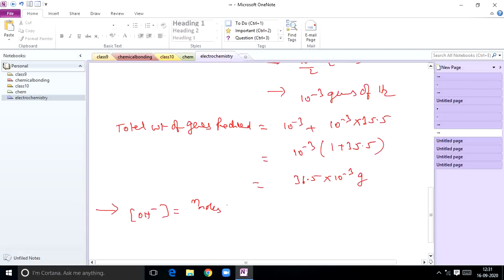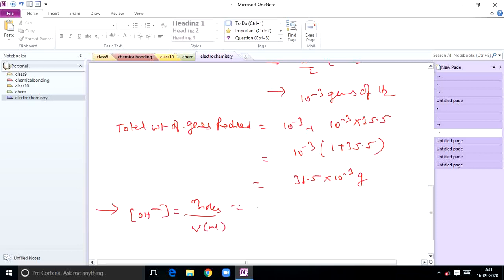Here, how many moles are given, molarity given, OH minus ion concentration is asked. What is the total volume of the solution? 200 ml. So 10 power minus 3 mole. So number of moles by volume in ml.